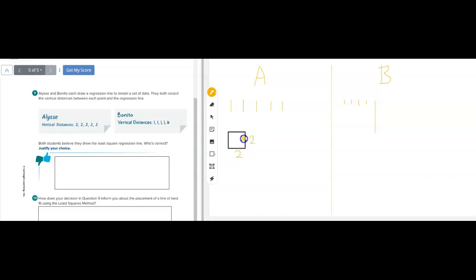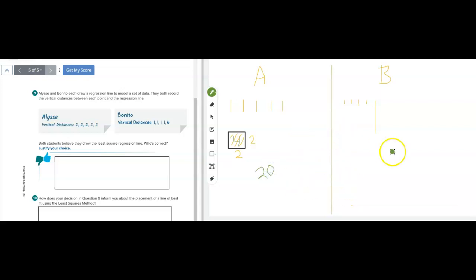So the area of the square that's shaded is 2 times 2, which is 4, right? So Alyssa has 4, but 5 times, right? So 4 plus 4 plus 4 plus 4 plus 4. So 4 times 5 is 20.